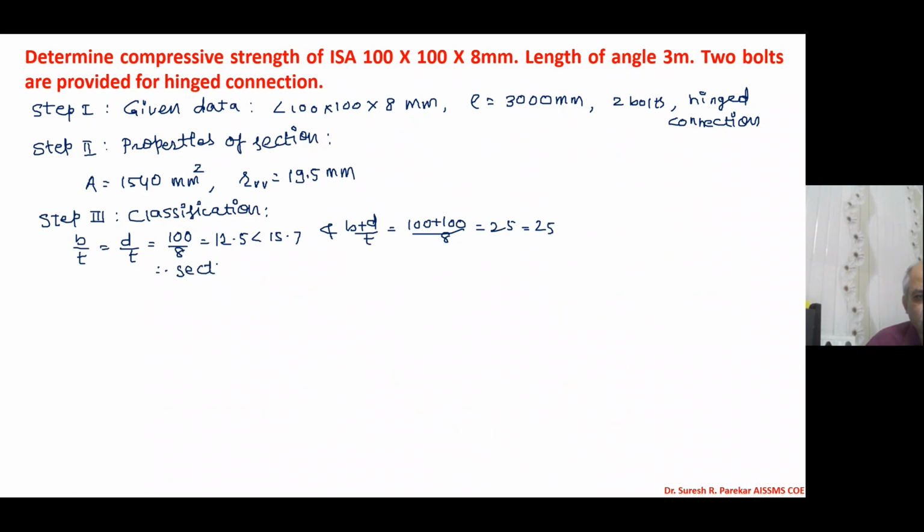Therefore, section is semi-compact. And therefore, AE equal to A. Then we have step 4, design compressive stress.